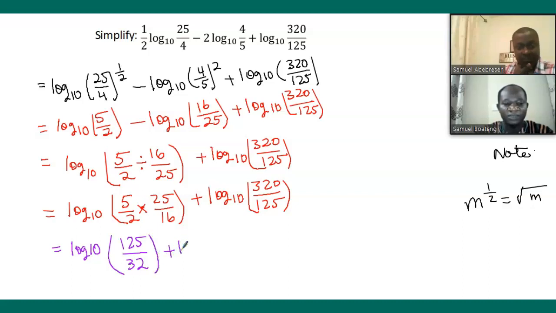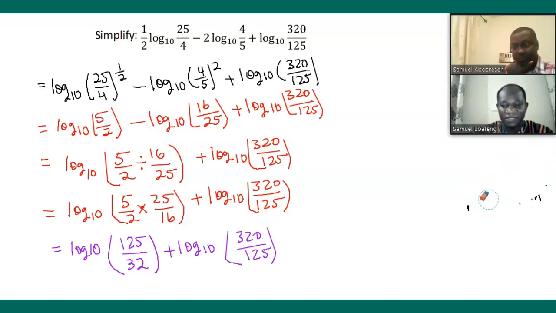Yes, plus log to the base 10, 320 on 125. Good. So we are adding 2 logs with the same base. So which means that according to the law, you multiply. So we are going to have the next step.